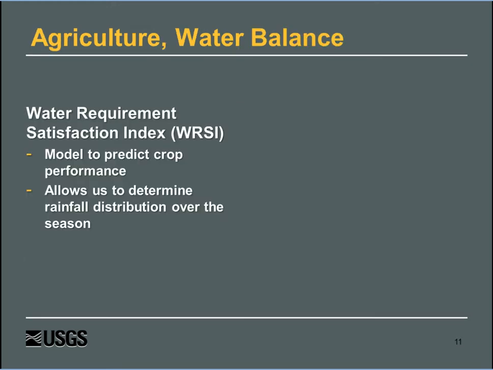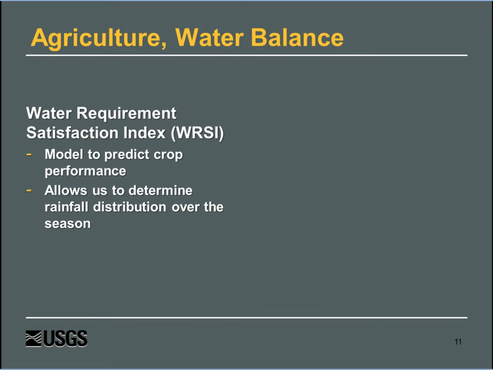Once we have that, that's the explanation of the part on rainfall. So we want to understand how the rainfall behaves in these different regions. Then another way to understand our regions is to see how the rainfall is distributed during the season.